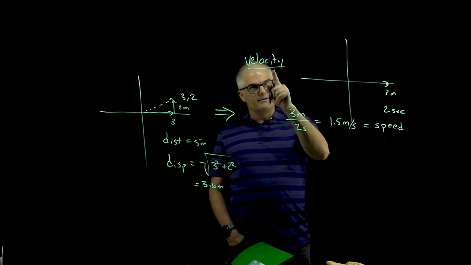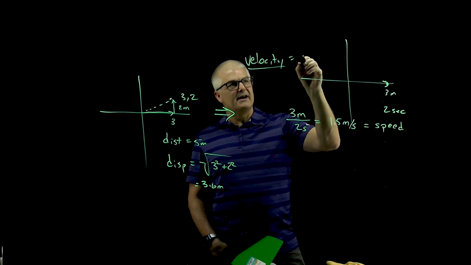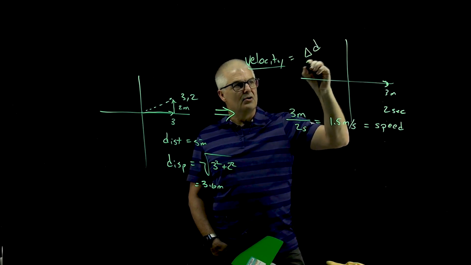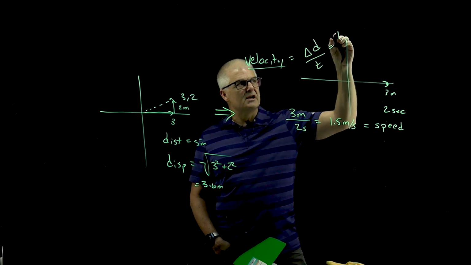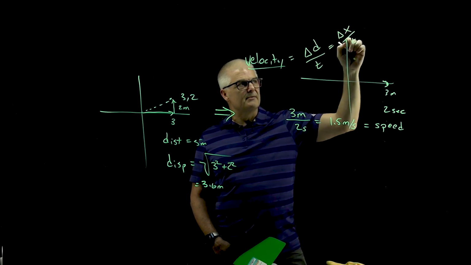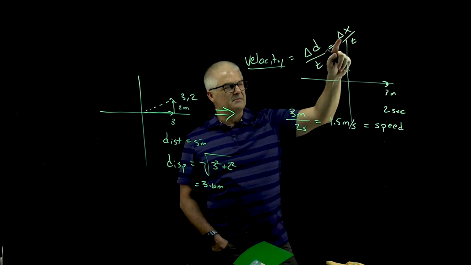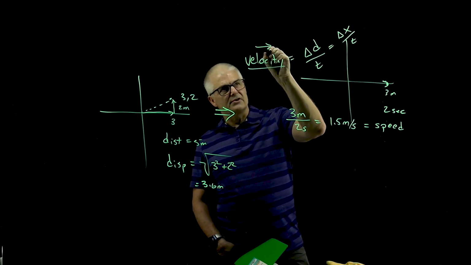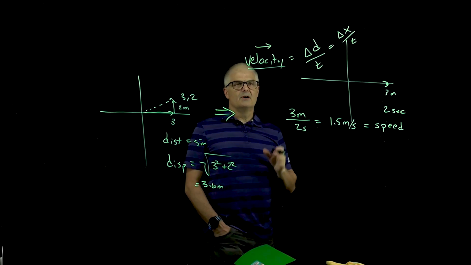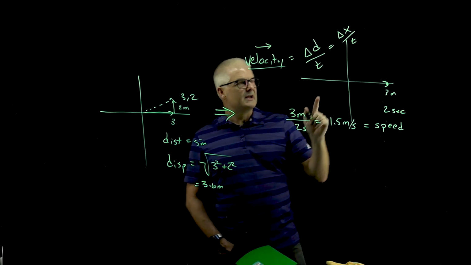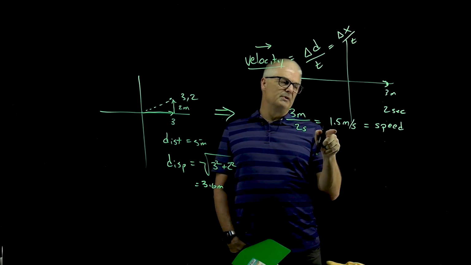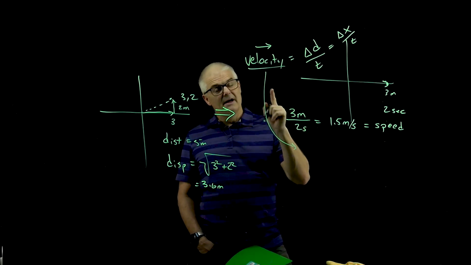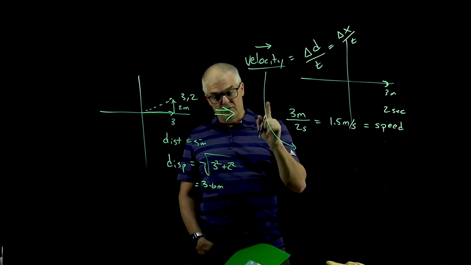But velocity is defined as the change in distance over time. Sometimes we'll say the change in x over time, and the delta sign means change in. But this is a vector. We're going to talk about vectors in the next video, but they're important because the velocity could also be 1.5, but the difference between velocity and speed is that velocity has a direction.